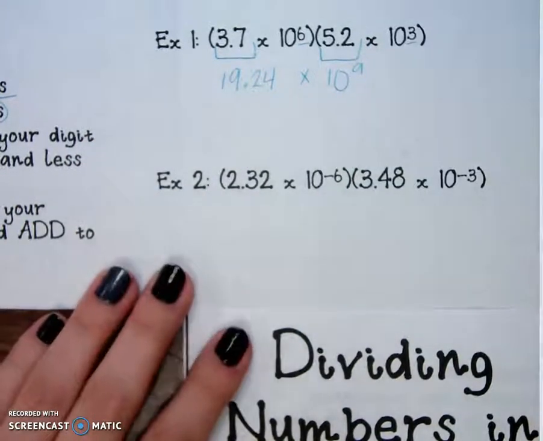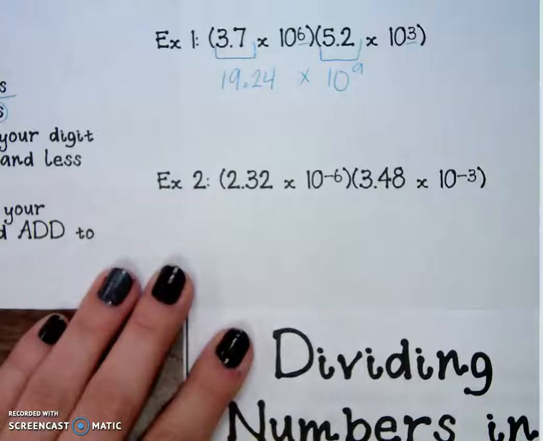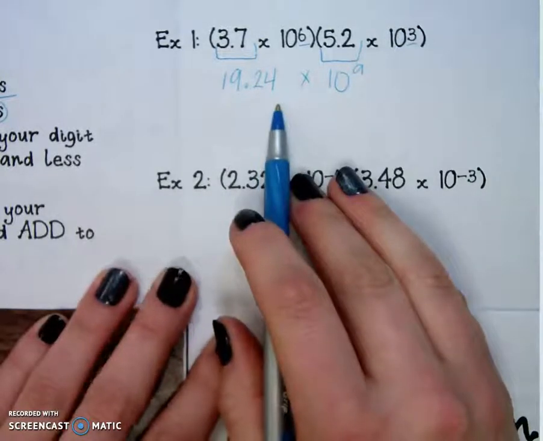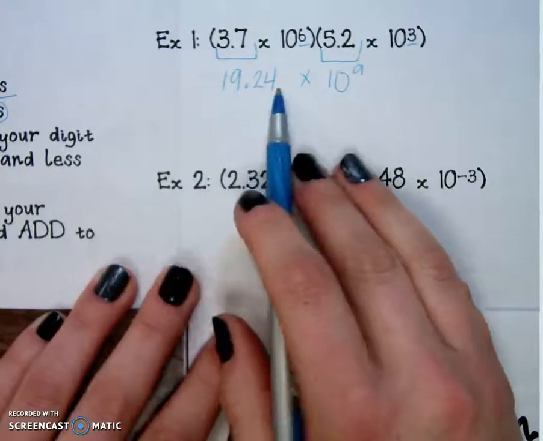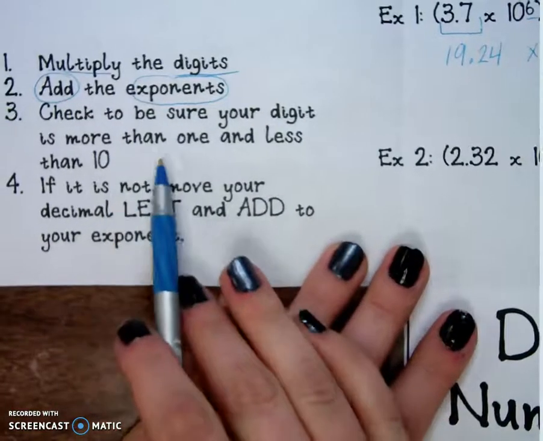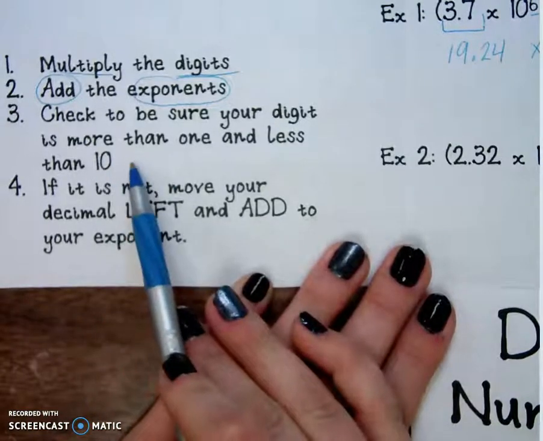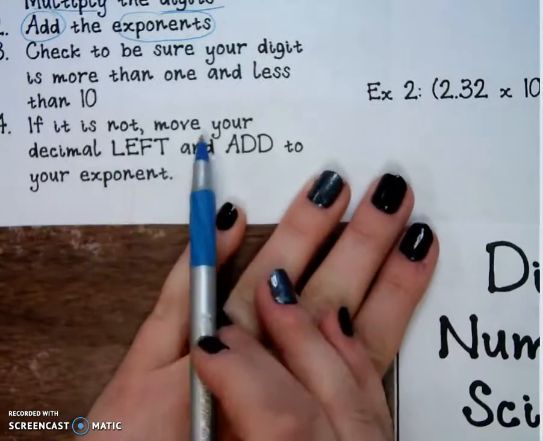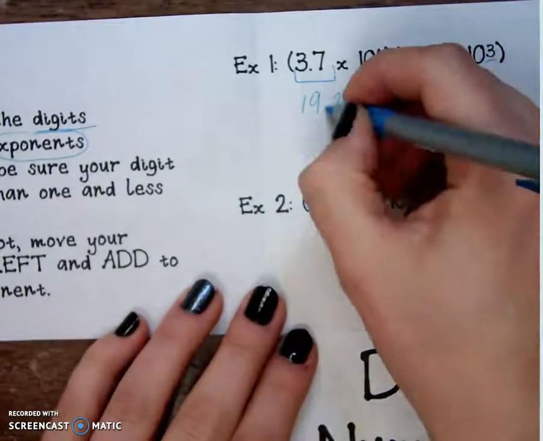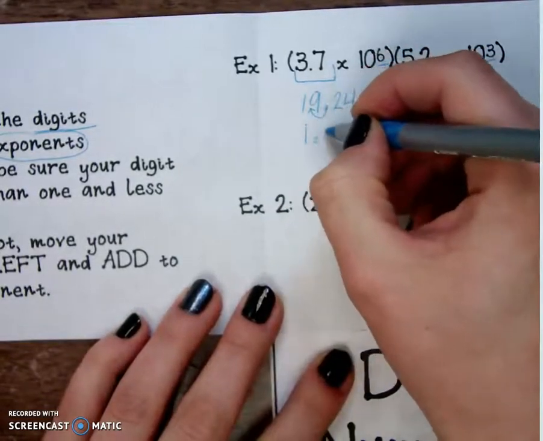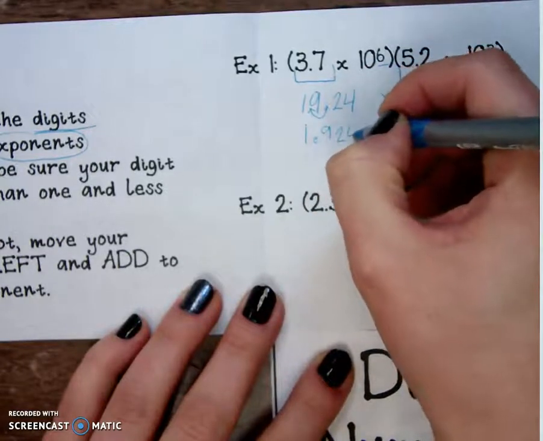Well, we know that scientific notation has to have the digit be between 1 and 10. This digit is 19 and 24/100. If it's not between 1 and 10, we need to move our decimal to the left. So we're going to move the decimal to the left, becoming 1.924.